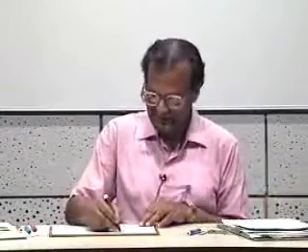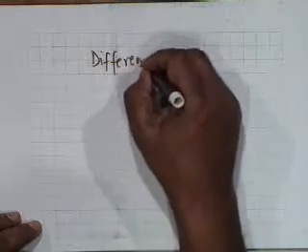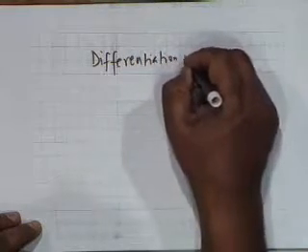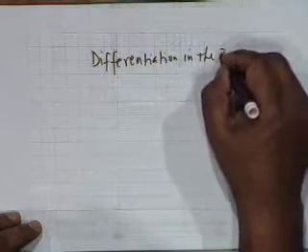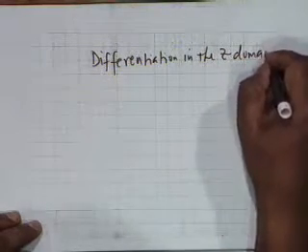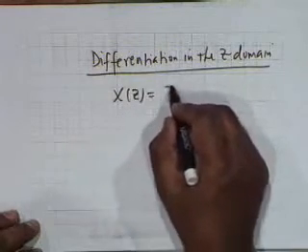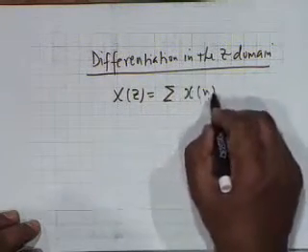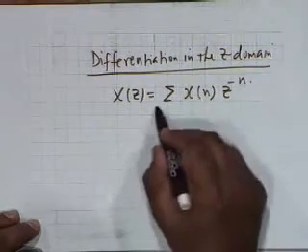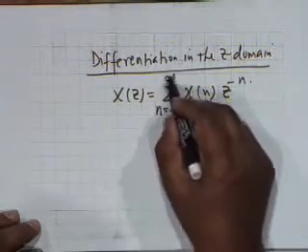Then we consider differentiation in the z domain, in the frequency domain. That is, we have capital X of z equal to summation of x of n, z to the minus n, n equals minus infinity to plus infinity.